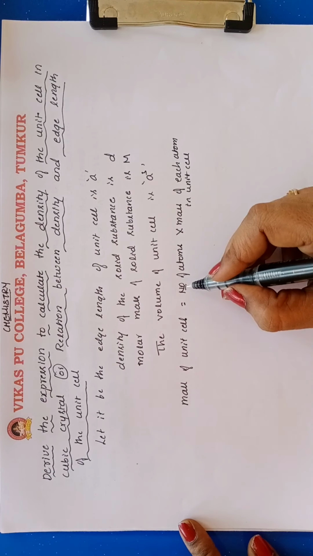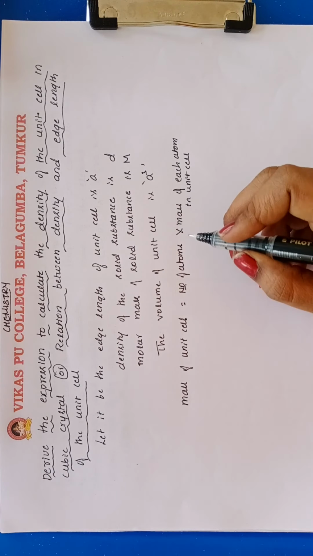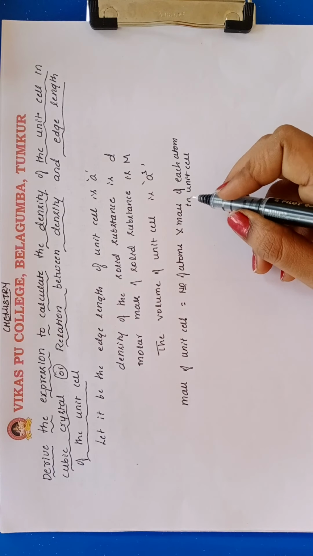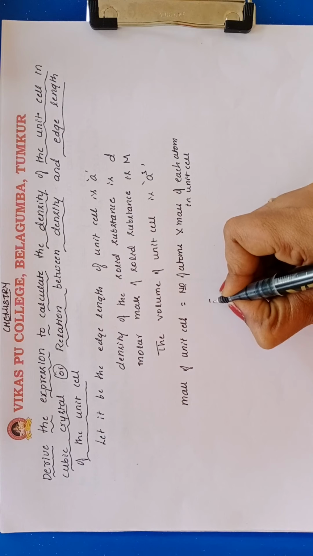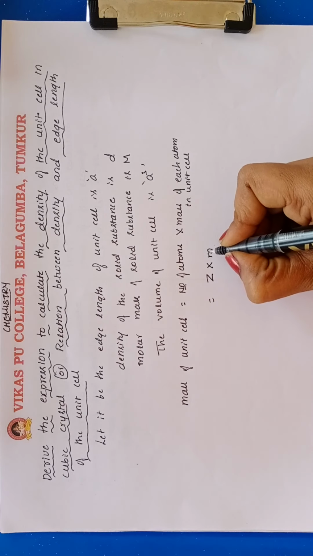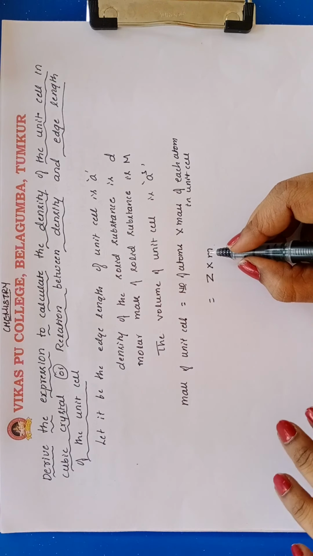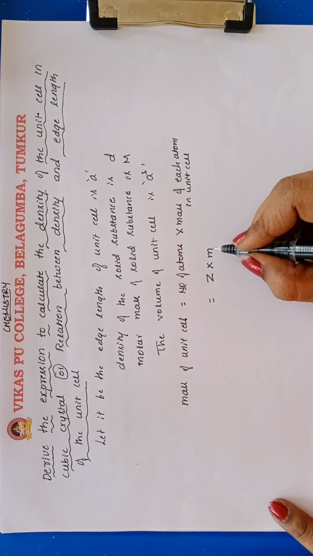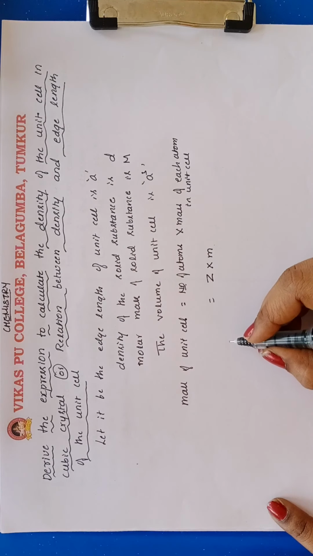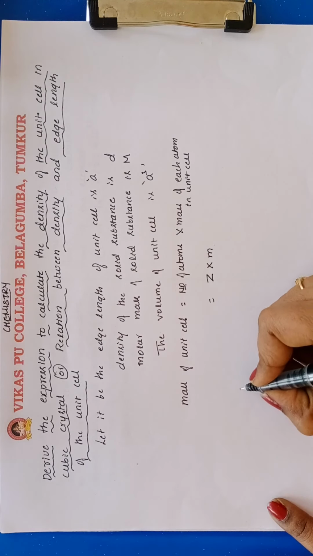We take this as Z times small m, where small m is the mass of an atom in the unit cell.